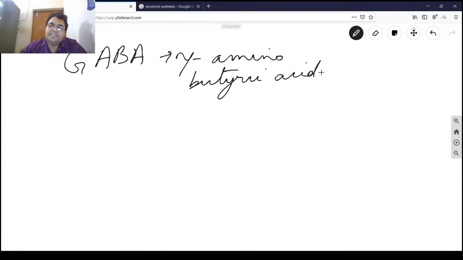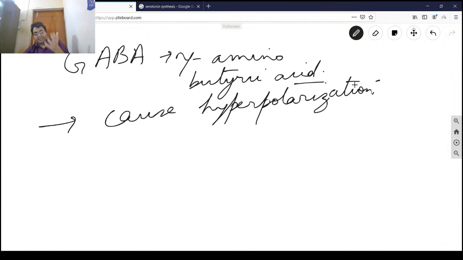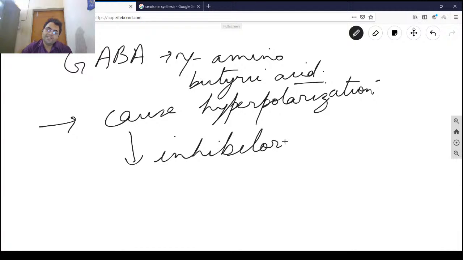So GABA is a neurotransmitter which will cause hyperpolarization, which we had talked about in the last class itself. It can open the chloride channels, and will drop the action potential and stop the action potential. So it is an inhibitory neurotransmitter. We had already talked about it in the last class.